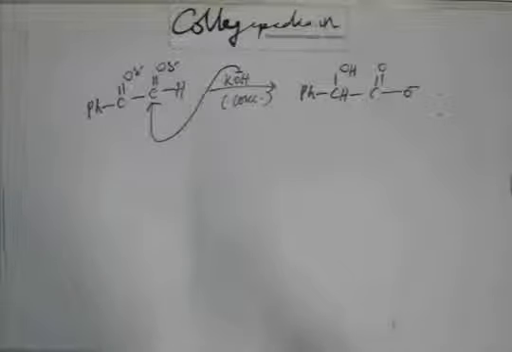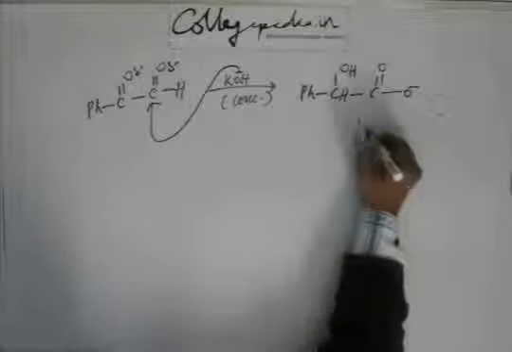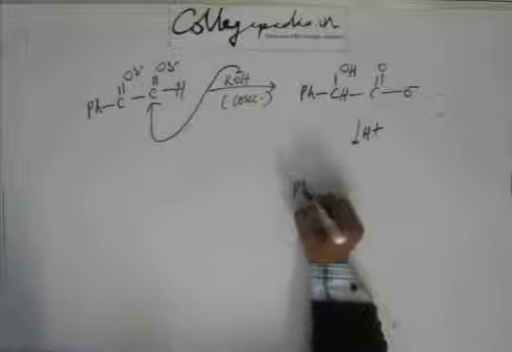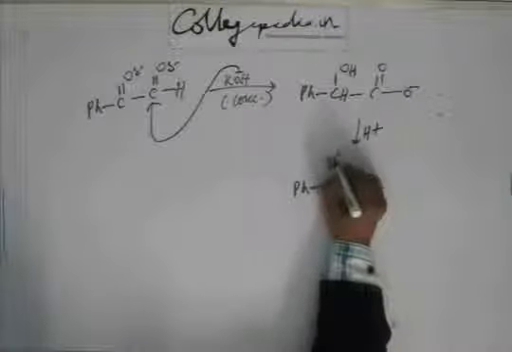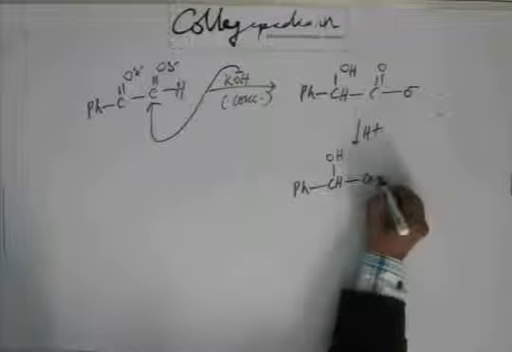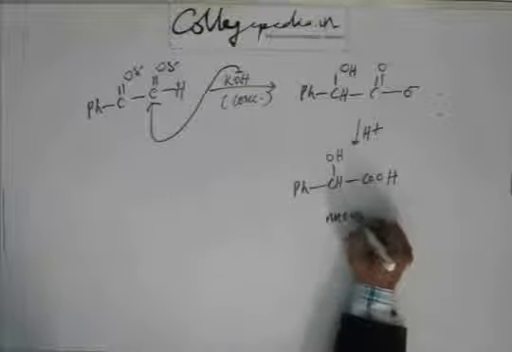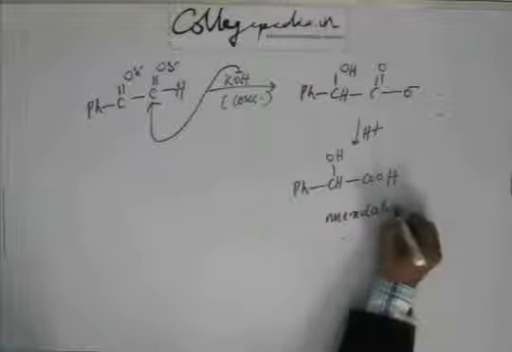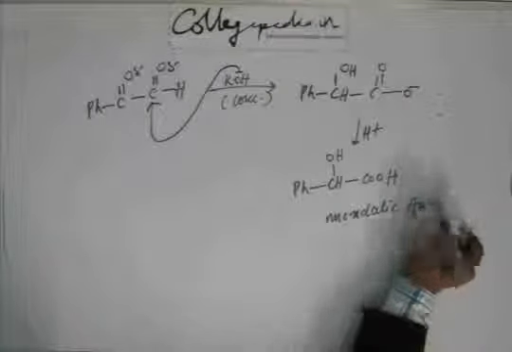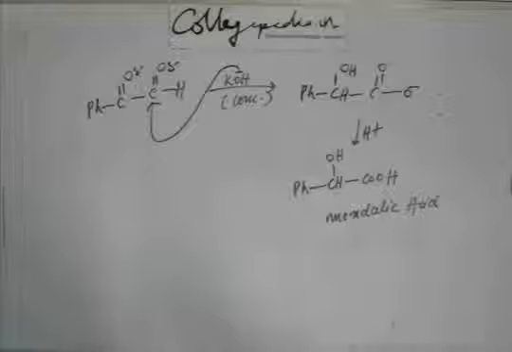So this is what you are going to get. If you protonate it further, then this is the acid that you are going to get. This acid is called mandelic acid. Not very important, but if you know, it's better. This acid is mandelic acid.